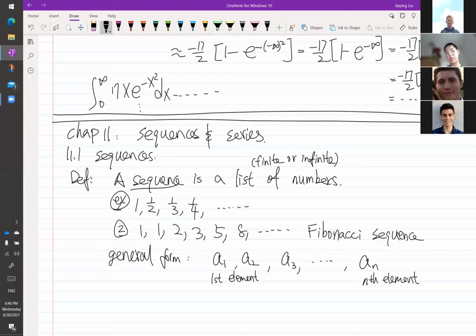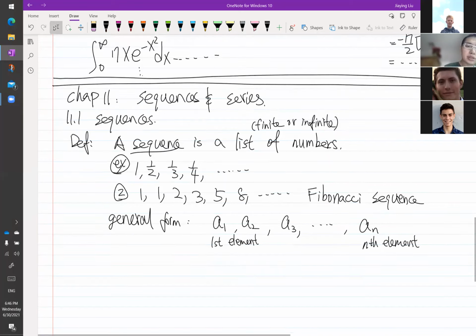So A1, A2, A3, or an, those could be values, could be some algebraic expression. Depends. But given the sequence, if it has a pattern, then we can write a formula for the elements in that sequence.